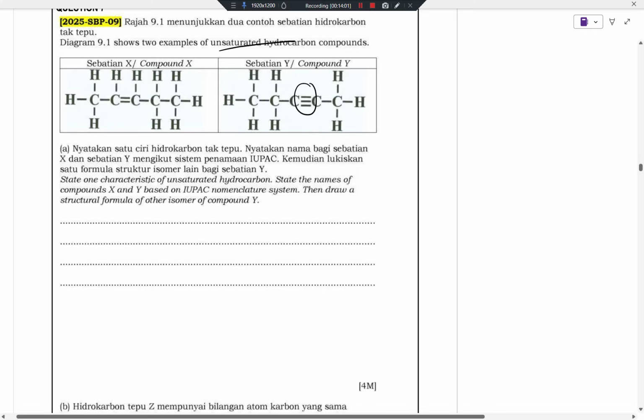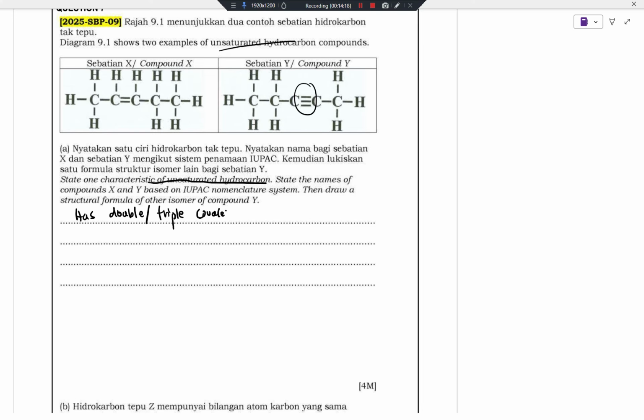Okay, now state one characteristic of unsaturated hydrocarbon. Having double or triple bond. That is the characteristic. So has double or triple covalent bond between carbon atoms.